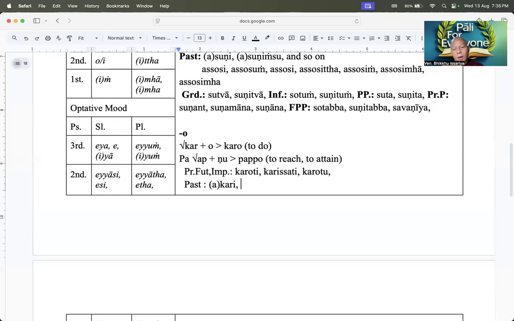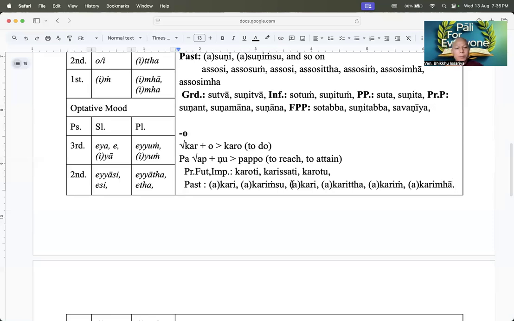And then akarimsu. And then kari akari, karimsu akarimsu. And then the other one, instead of karo, kari akari. And then karita akarita. And then so karin akarin. And then so garima agrima and the garima agrima and so on.